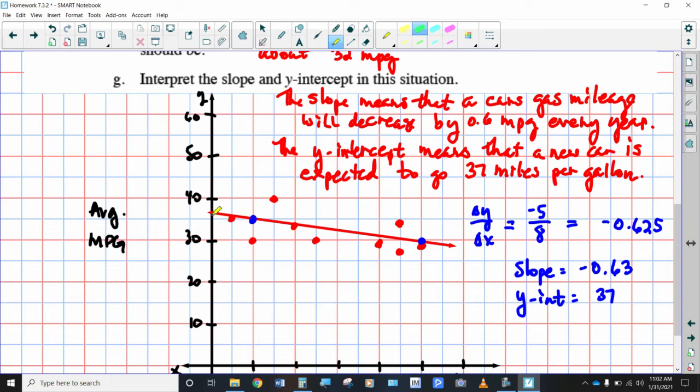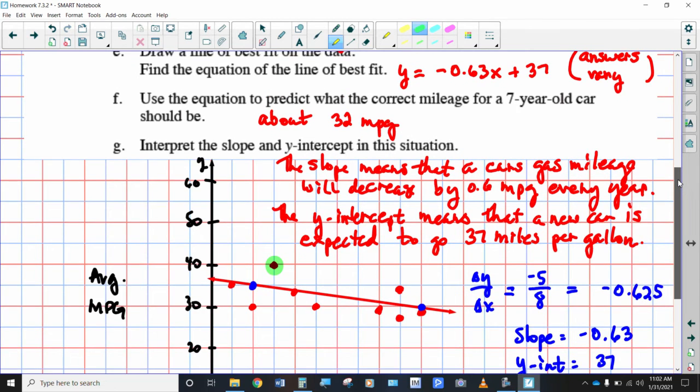So newer cars do tend to have better gas mileage, and older cars do tend to have lower gas mileage. But they're still hugging in the high 20s to mid 30s, and you've got one guy up there that's higher than the rest of them. But still, it looks like a weak association. No, moderate association, but definitely negative there.